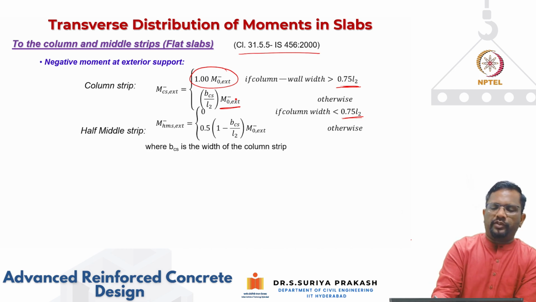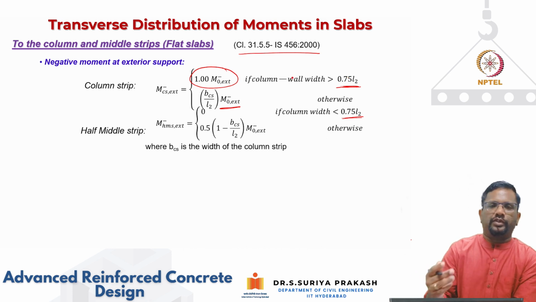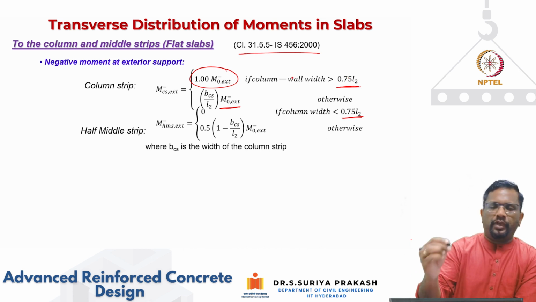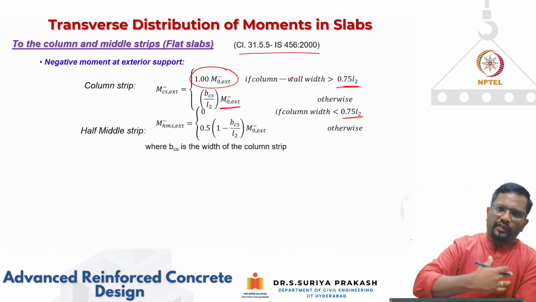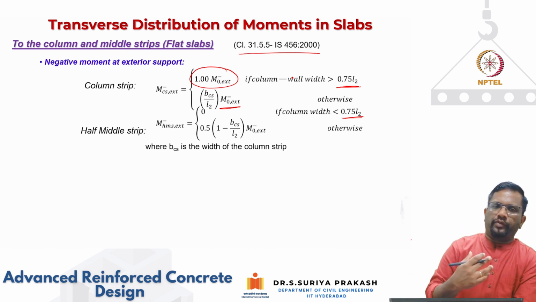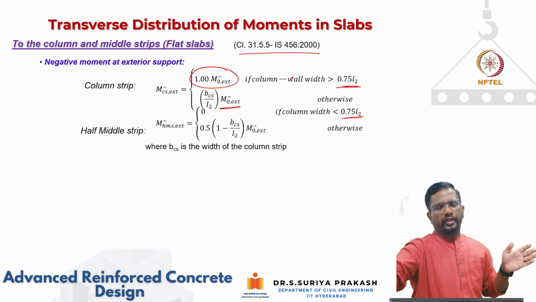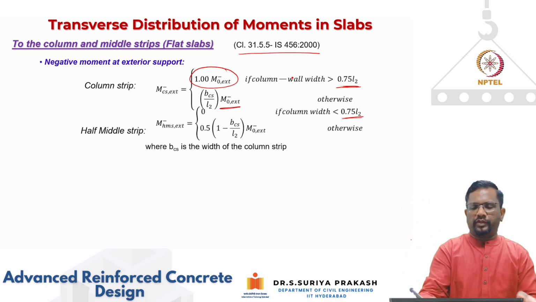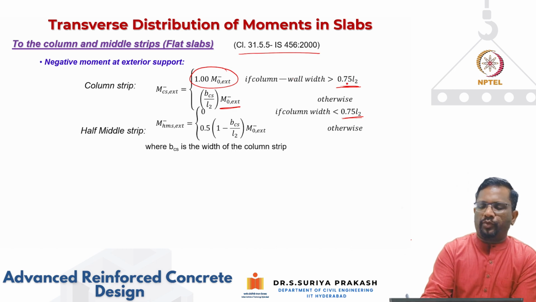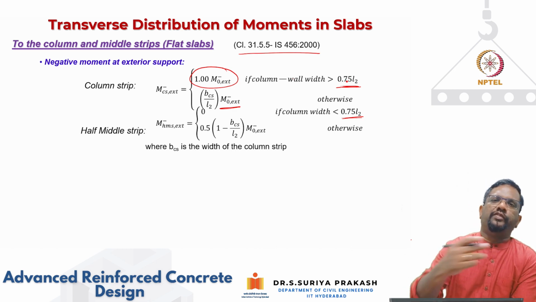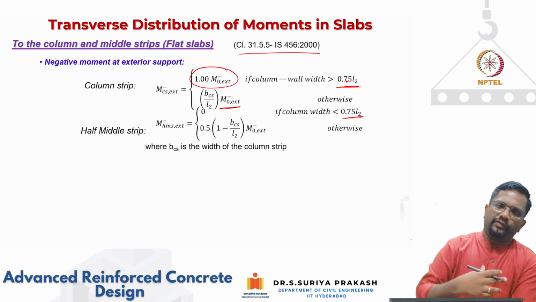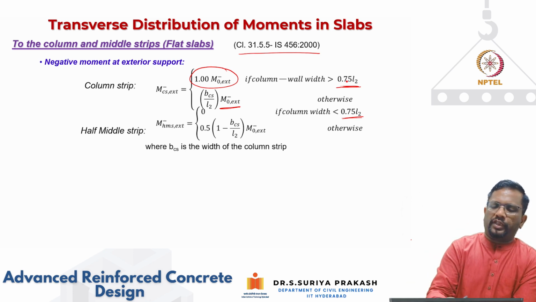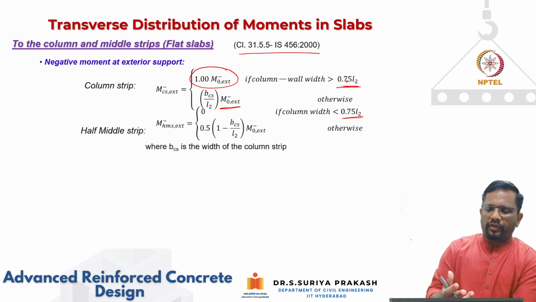Now, what is this column to wall width? If you have a wall at the exterior location, and your support is occupying more than 75% of the transverse width, then the code says that everything is put only in column strip.